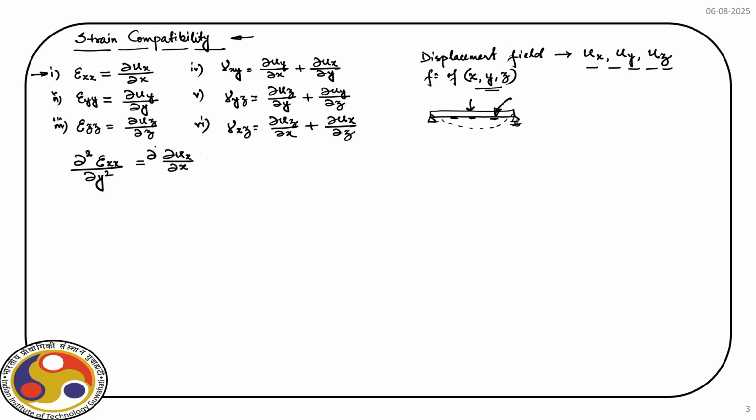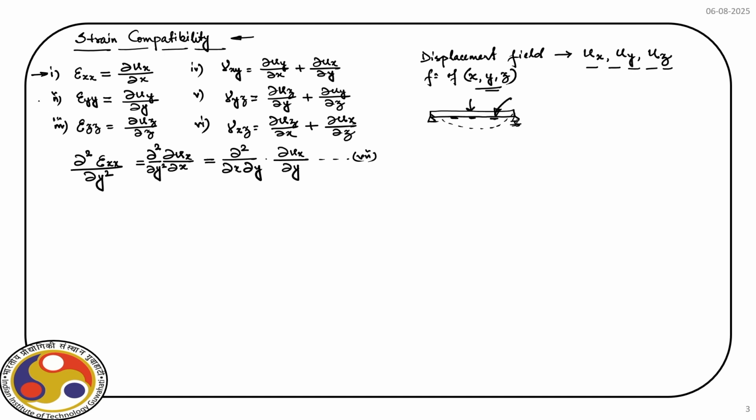So, we will differentiate this twice with respect to y, and then if we write this expression, what we have, say this is equation 7.